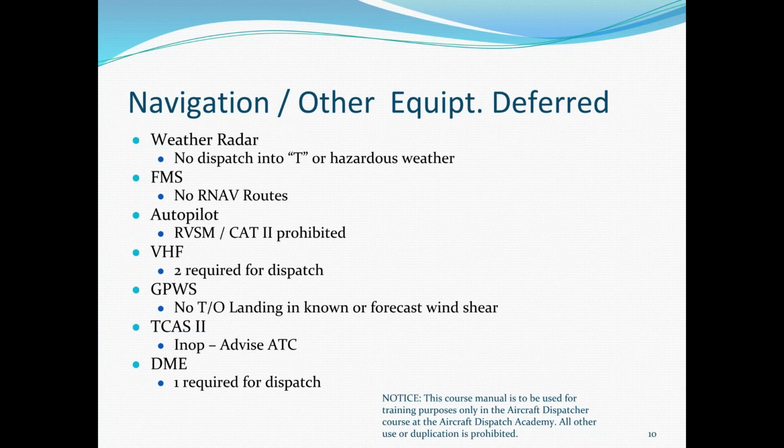So there's certain things that you're going to pick up on when you're actually at an airline that we don't really cover here because of the nature of the MEL, but pretty much any aircraft is going to have very similar restrictions.